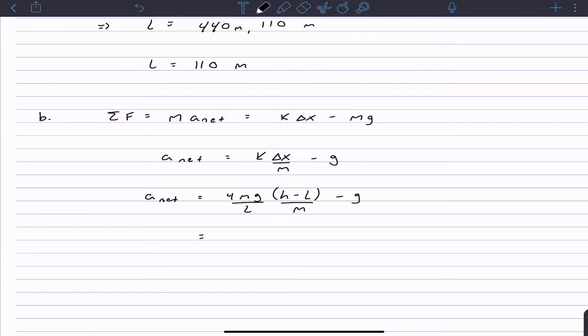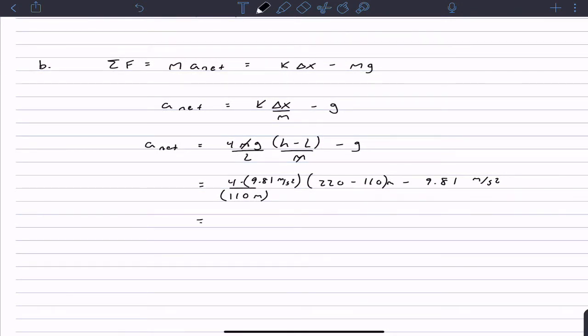Say we're getting somewhere. So now these cancel, right? So now we have 4 times g. We'll call this 9.81 meters per second squared. This is going to be 110 meters, over 220 minus 110, minus 9.81 meters per second squared, right? This is in meters.